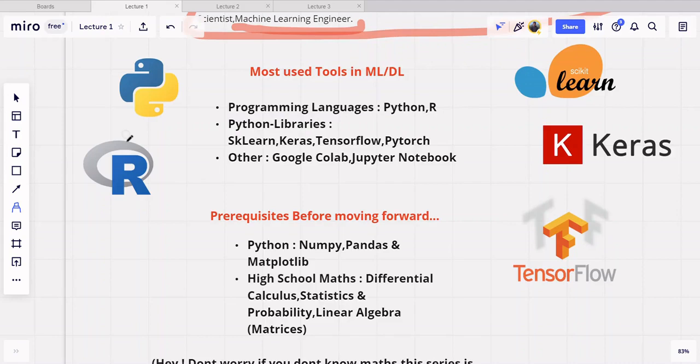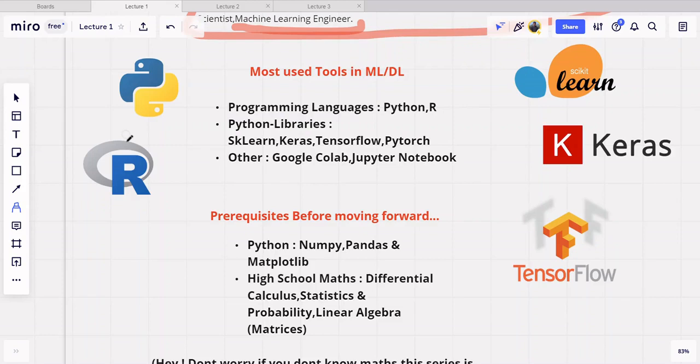All right, and some other tools that we'll use are Google Colab and Jupyter Notebook. Now, Jupyter Notebook, I will tell you what it is in our next video. It is very simple, not that complex, and a pretty excellent tool. The other tool is Google Colab. Now, as I told you, training machine learning algorithms is very easy on your local PC, because machine learning algorithms are not that complex.